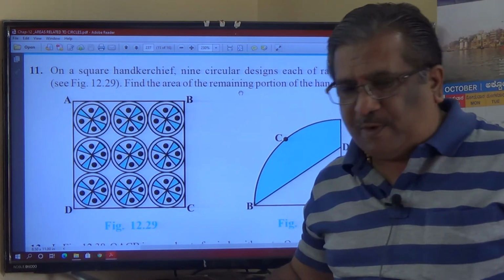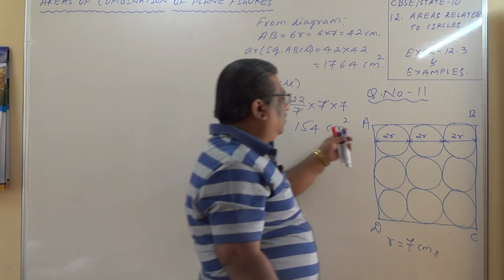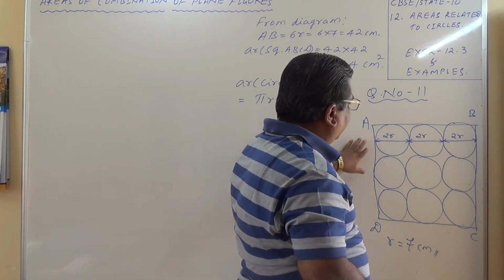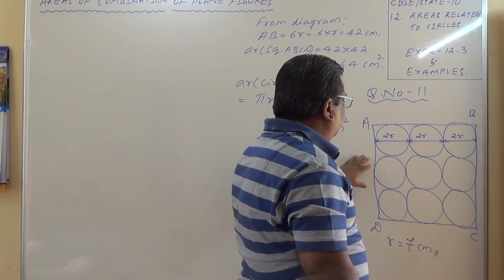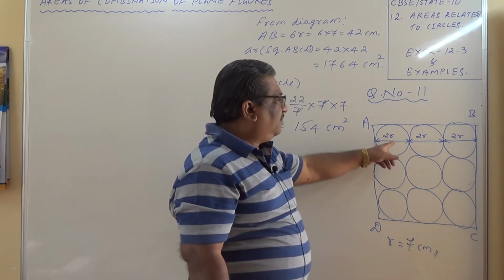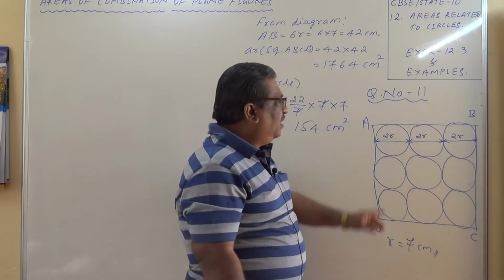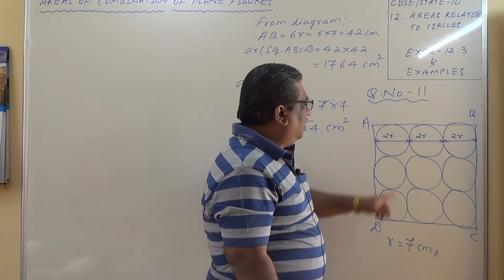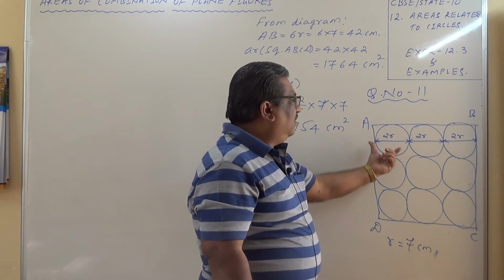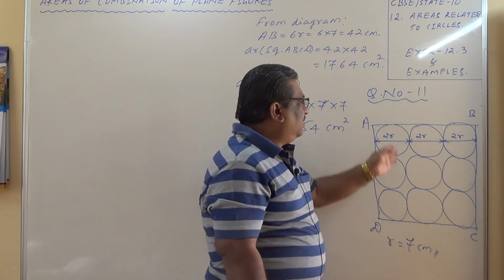Let us solve this on the board. Question number 11. The diagram is like this. It is a handkerchief. 9 designs are made which are circular. The radius of each circle is given as r equals 7 centimeter. How do you calculate the side AB here? AB equals 3 times the diameter of these circles or 6 times the radius.